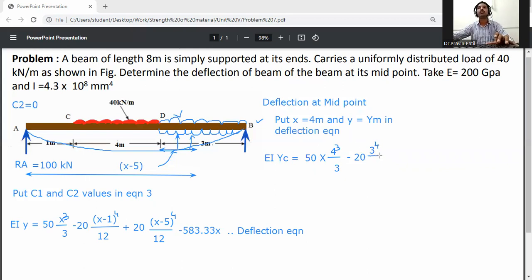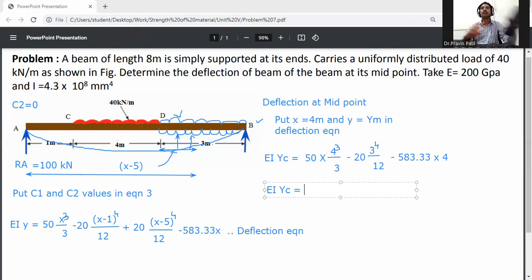The term 20 times x minus 5, 4 minus 5, gives a negative value, so we don't include this term. Then minus 583.33 into x, which is 4.